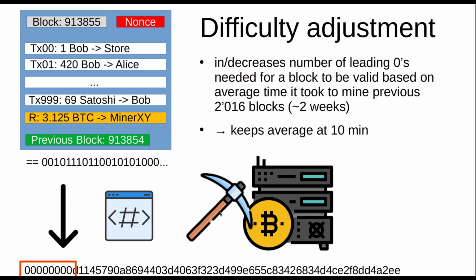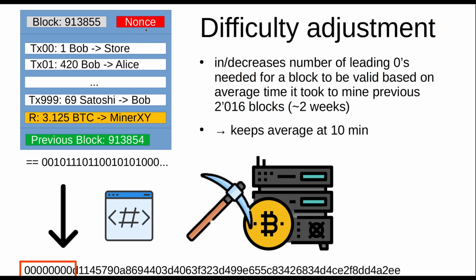Because if a lot of new miners come online and they also start guessing, and sometimes they guess billions or gazillions of new nonces per second, then you would think that they would find new blocks faster and faster.